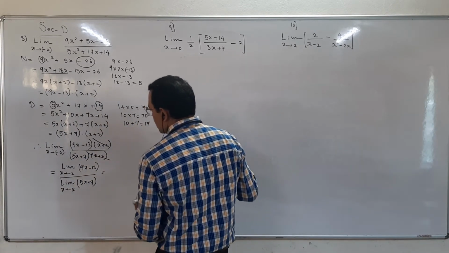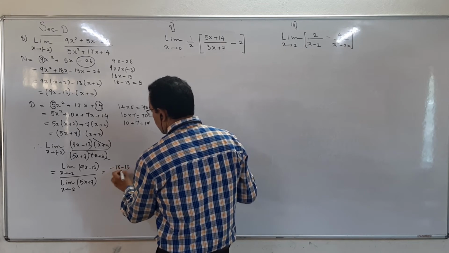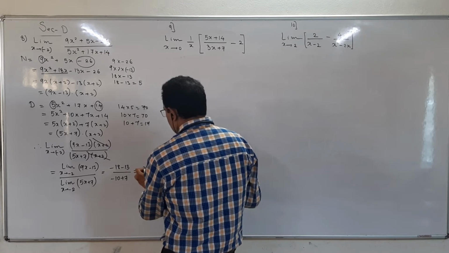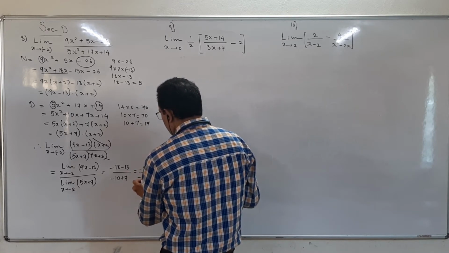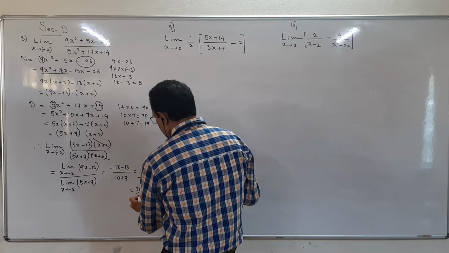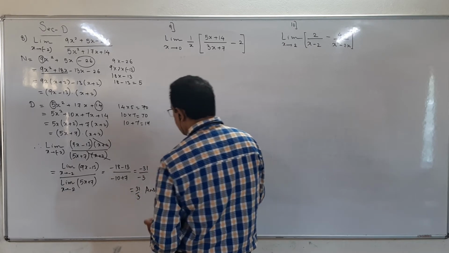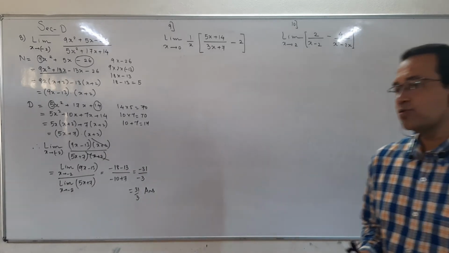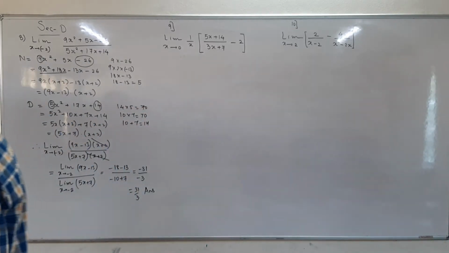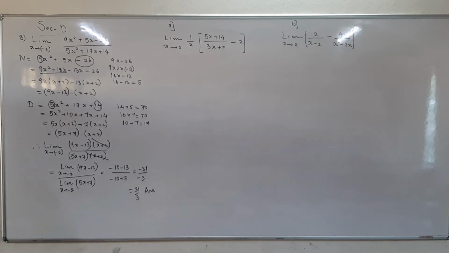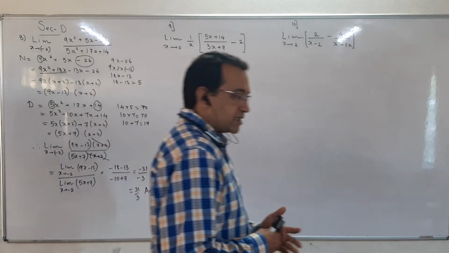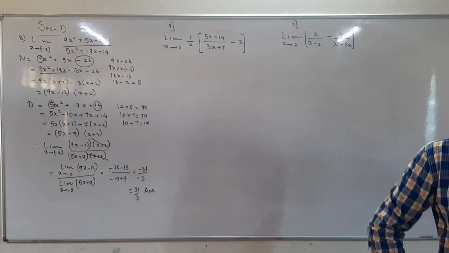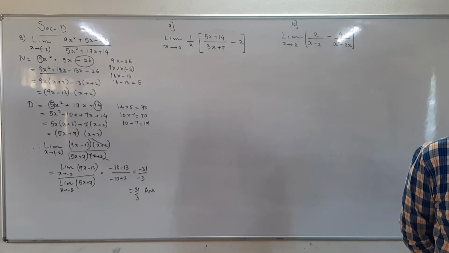Replace x by minus 2, so (-18 - 13) upon (-10 + 7). So this is minus 31 upon minus 3. So the final answer is 31 by 3. Minus gets cancelled, students. So this is how we do these basic sums. And once you understand the method, I don't think that you should have any doubts.